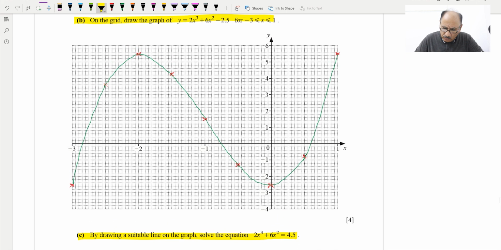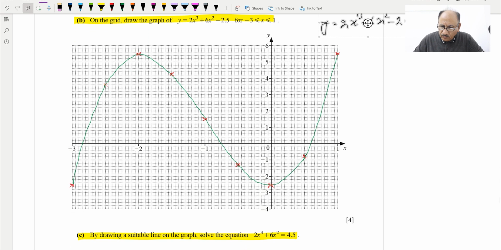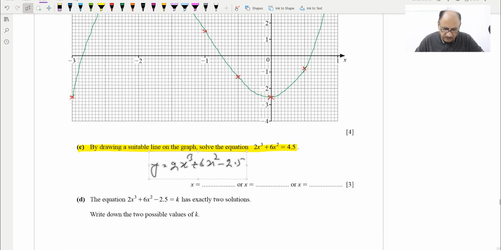So we need to copy the equation, and our equation is y is equal to 2x cubed plus 6x squared minus 2.5. So this one we can take over here for our reference.